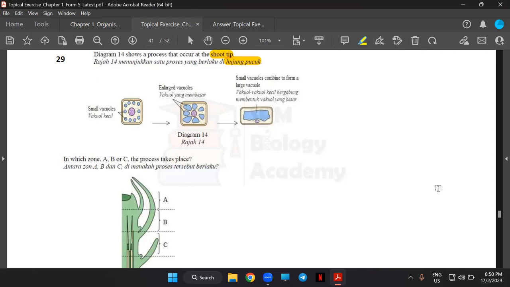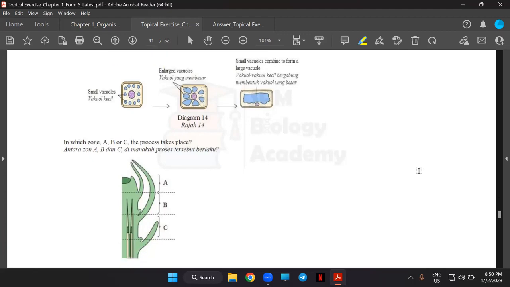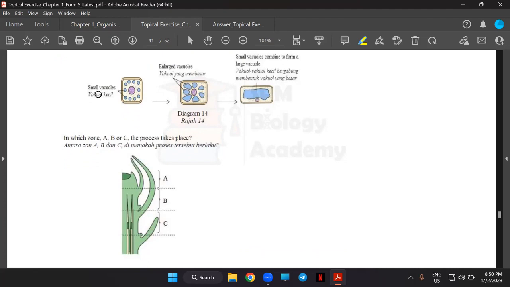So we are dealing with primary growth. Okay. So small vacuole, vacuole kecil, and large vacuole, vacuole yang membesar. A small vacuole combine to form a large vacuole. Vacuole kecil bergabung membentuk vacuole yang besar.